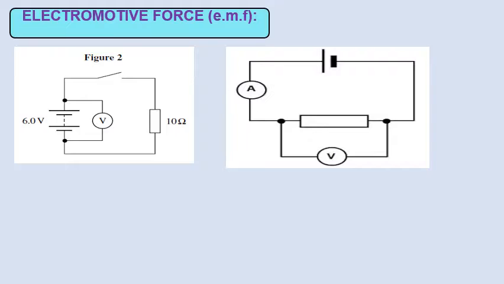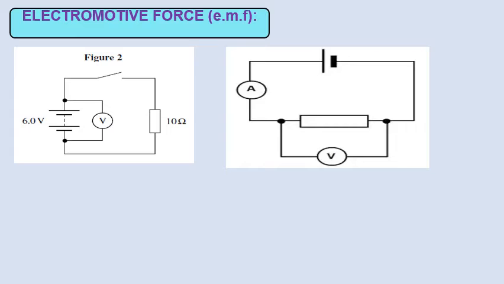It is the potential difference between the two terminals of the battery when the electric circuit is opened, or when there is no electric current. Again, what's meant by electromotive force? It is the potential difference between the two terminals of the battery when the electric circuit is opened and there is no electric current here.